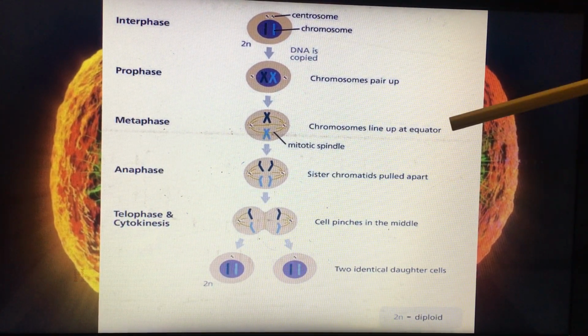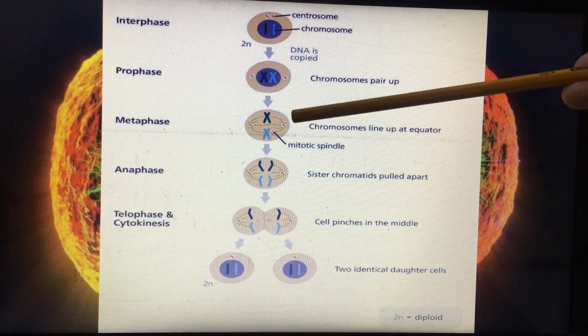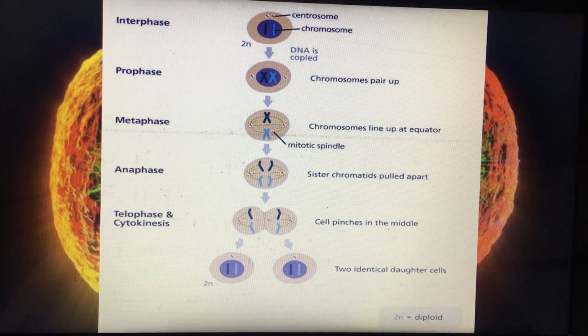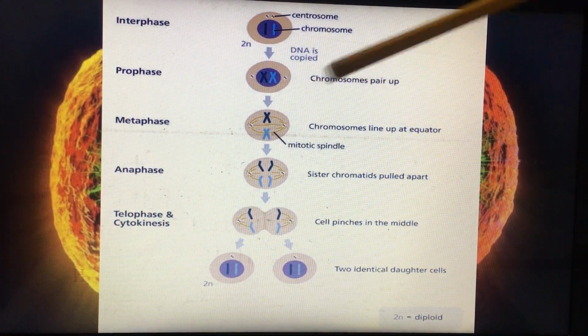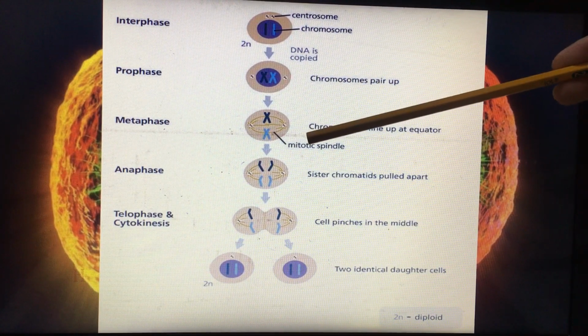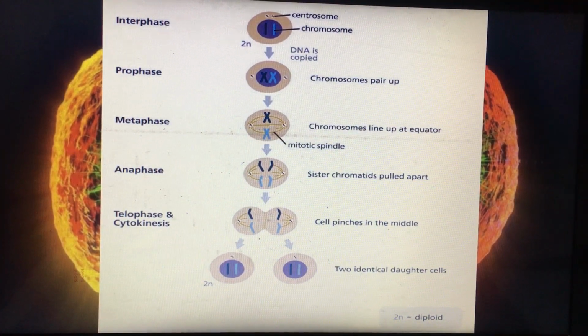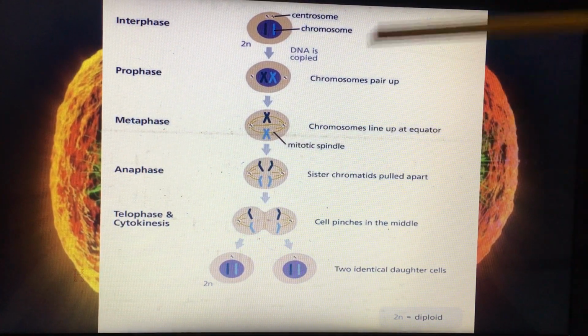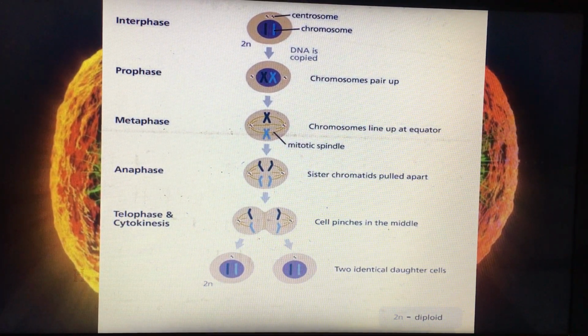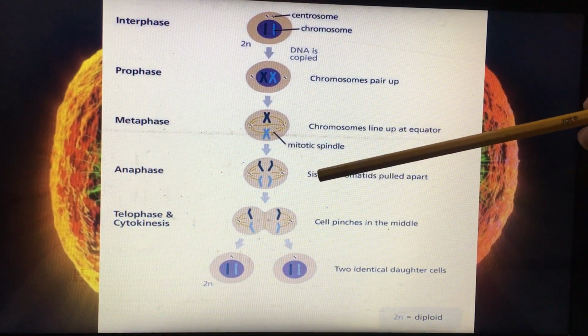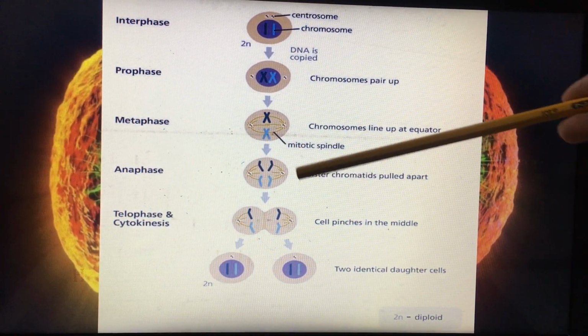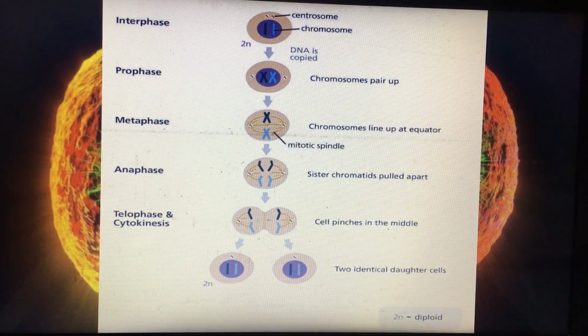Then the chromosomes attach to the spindle, whose fibers run from one pole to the other. Then the centromere divides and the spindle fibers shorten so that the 2 chromatids in each chromosome separate and move to opposite ends of the cell.